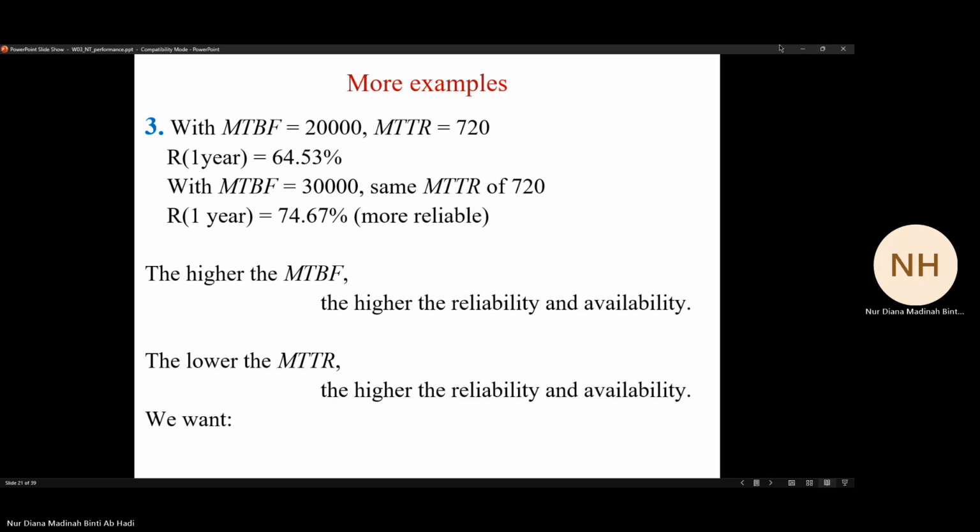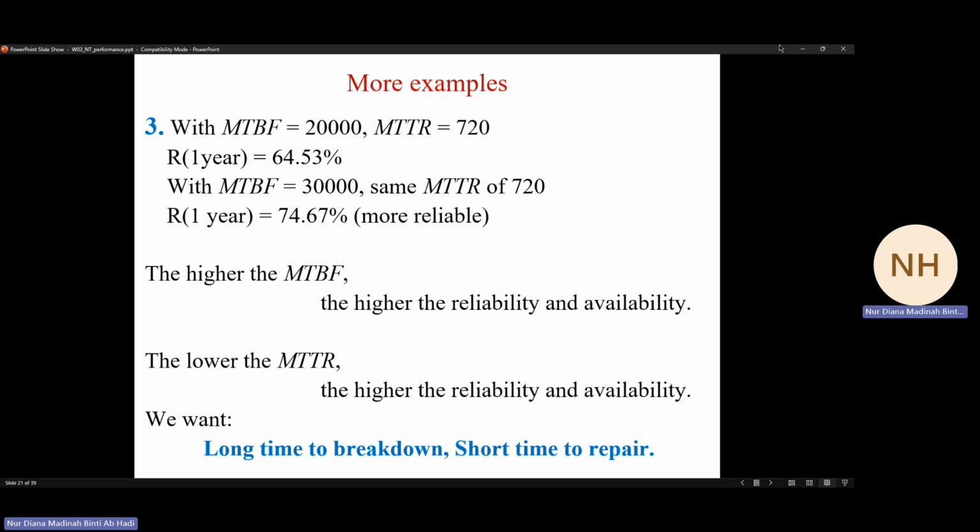If you have a lower MTTR, the reliability and availability are also higher. So as a user or network engineer, we prefer a long time to breakdown, and we only require a short time to repair our network. If not, we are going to have a lot of loss in our business.